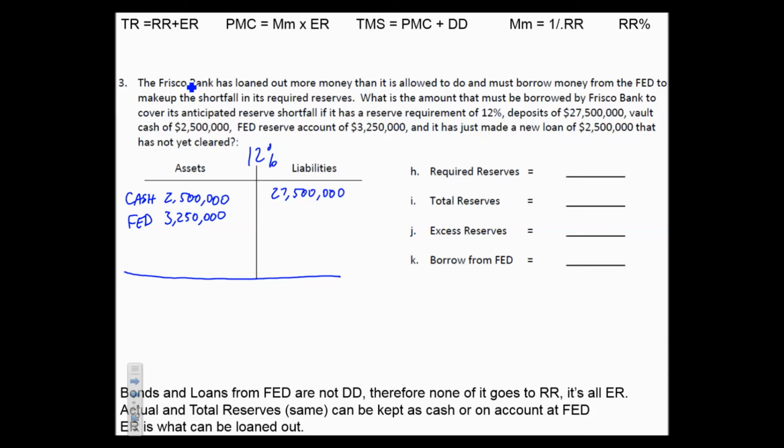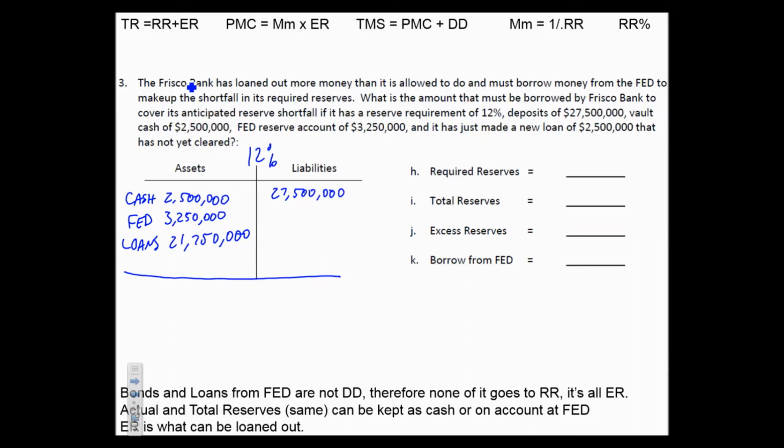All right, I need somebody to tell me how much the loans are right now. Wow, y'all are good. 21,750. Both sides balance, right? Good. So let's fill these out and then find out how much they overloaned.